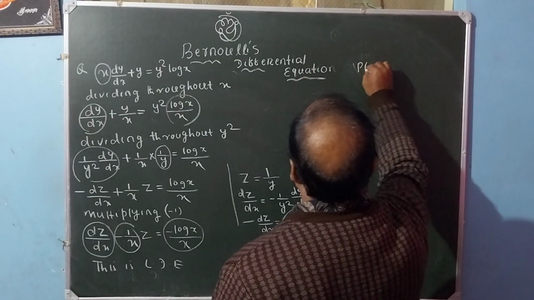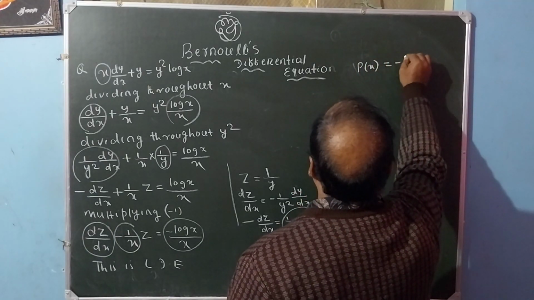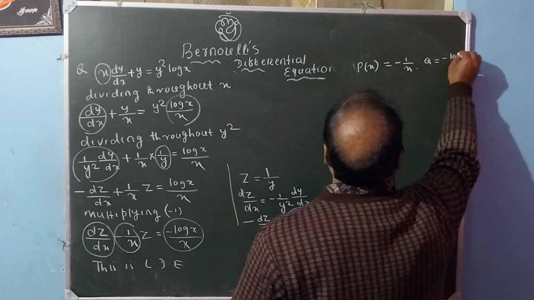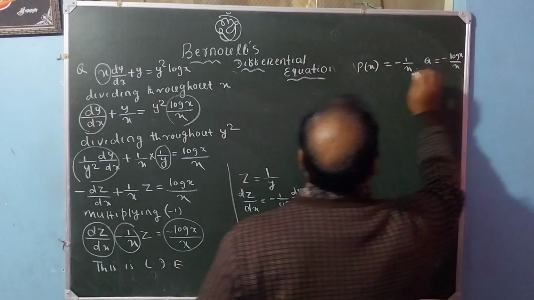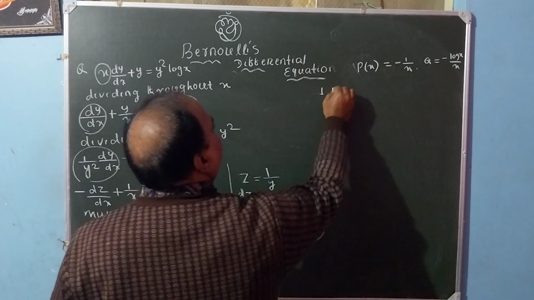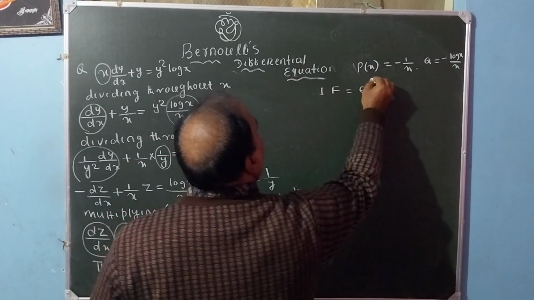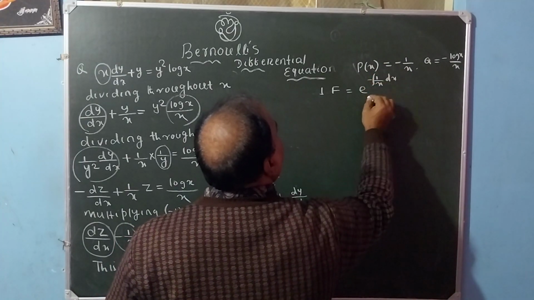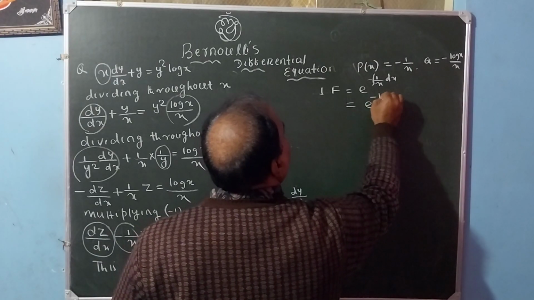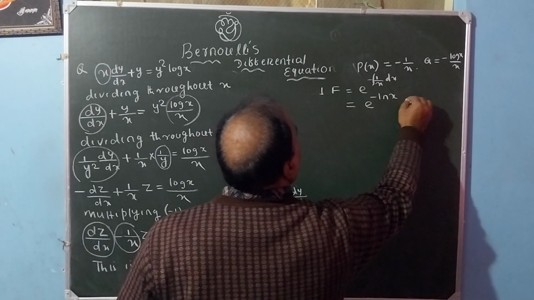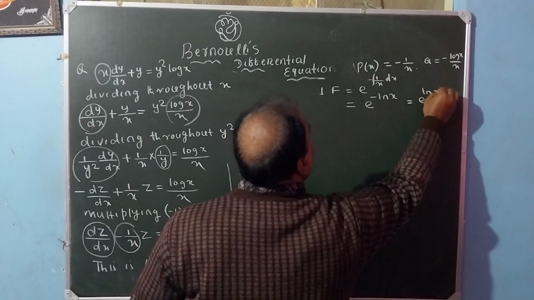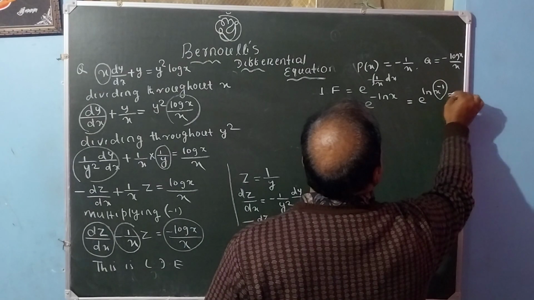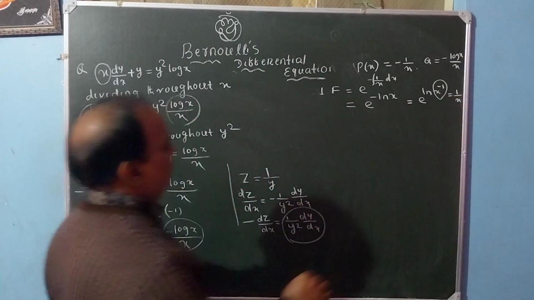P(x) is minus 1 by x, Q(x) is equal to minus log x by x. Integrating factor e to the power integral of P dx, minus 1 by x dx, that is e to the power minus ln x, which can be written as e to the power ln x to the power minus 1, that is 1 by x.